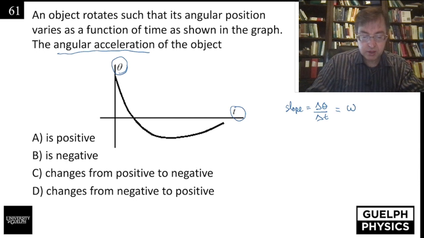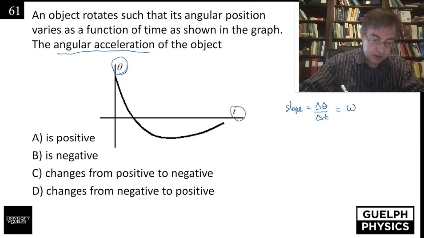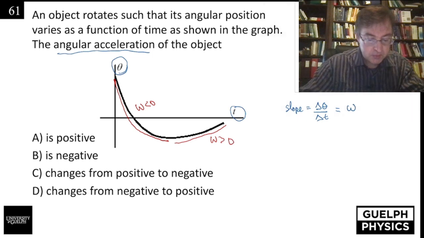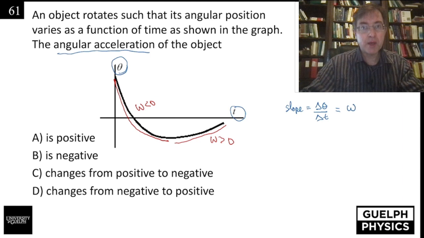And so if I were to look at this graph and look at the slope, I would see that in this region of the graph, the slope is actually negative, okay, up till here, and so omega is negative in this part of the graph. And in this part of the graph here, the slope is positive, and so omega is actually positive in this part of the graph.